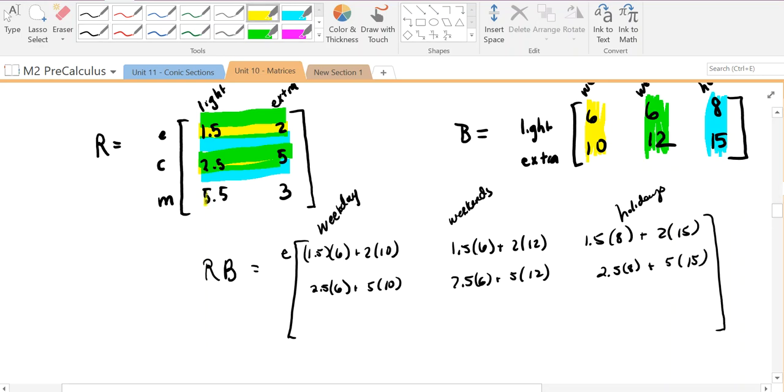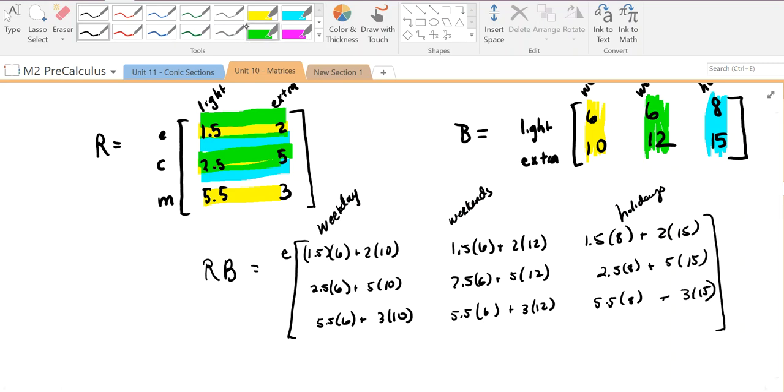Last but not least, milk. 5.5 times 6 plus 3 times 10, and then 5.5 times 6 plus 3 times 12, and 5.5 times 8 plus 3 times 15.